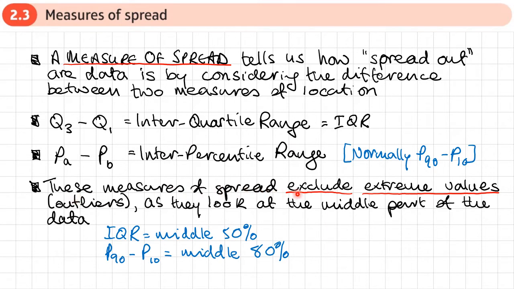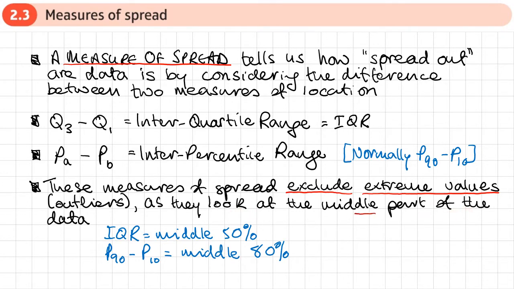Well, these measures of spread exclude extreme values, and we normally expect extreme values to be either at the lower end of our data or at the upper end of our data. These extreme values are known as outliers, and the reason why we exclude these extreme values is because these measures of spread look at the middle part of our data.